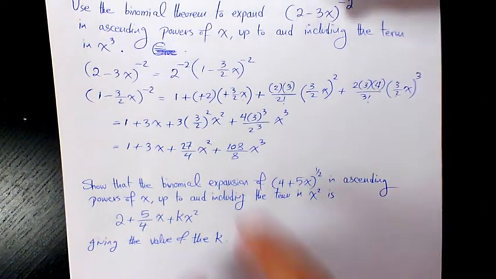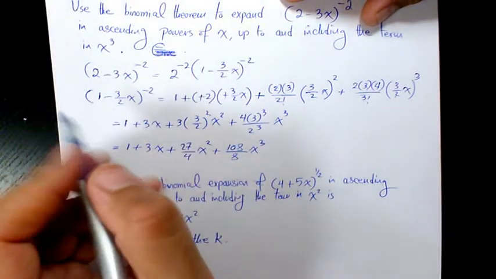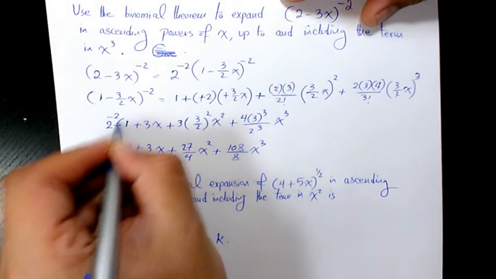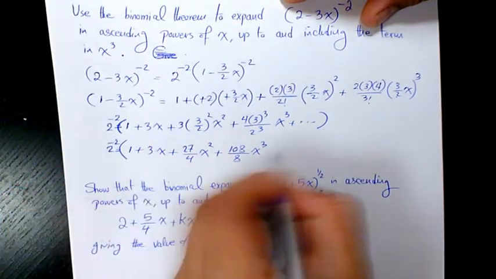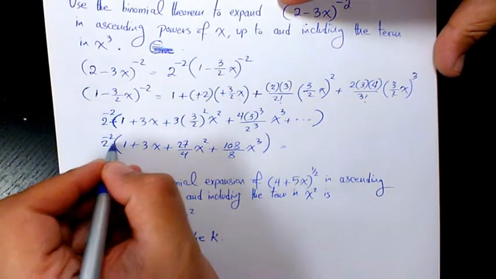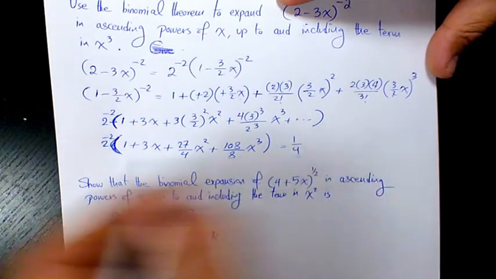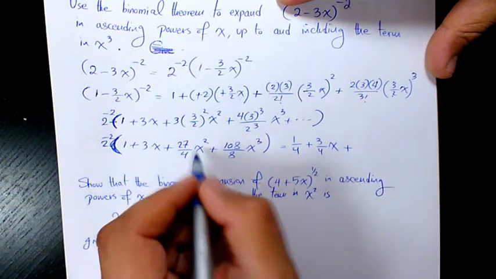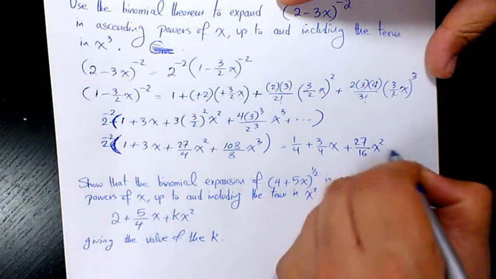And don't forget that we have 2 to the power of negative 2 behind the final answer. So we need to say 2 to the power of negative 2 multiplied by these terms. And same thing here. So that's going to change it to 2 to the power of negative 2, which is 1 over 4. So it's going to be 1 over 4 plus 3 over 4x plus 27 over 16x squared.